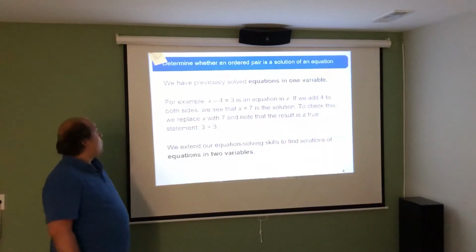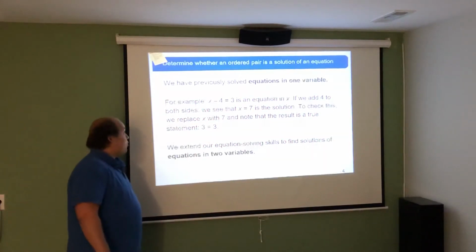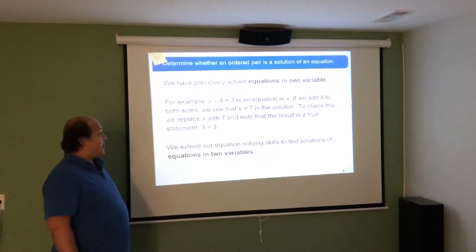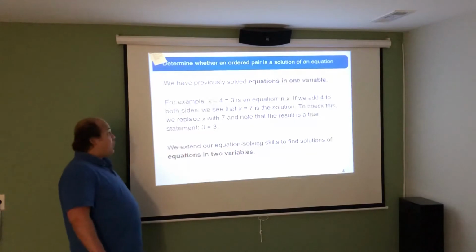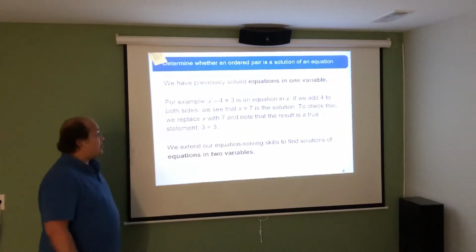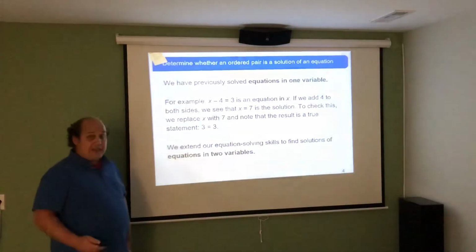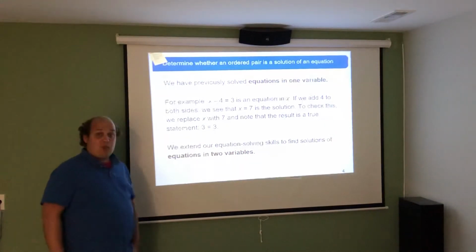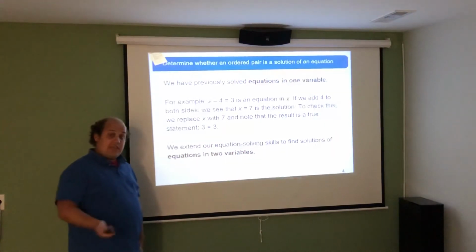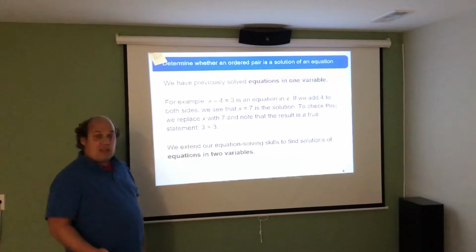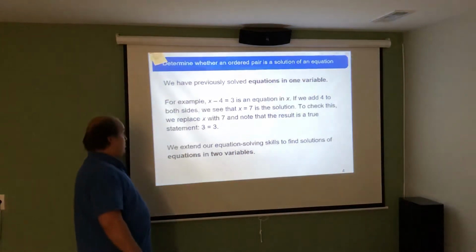So, we've previously solved equations in one variable. If we knew x minus 4 equaled 3, we would know we can add 4 to both sides and end with an answer x equals 7. Basically, when there's only one variable in the equation, we can take numbers to one side, keep letters on the other, and solve for that variable.